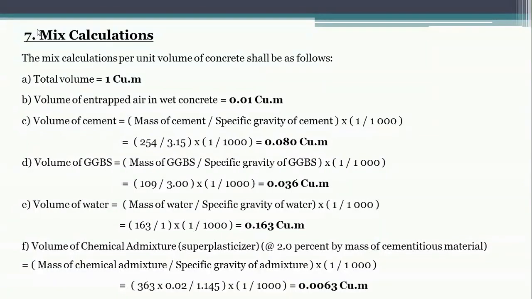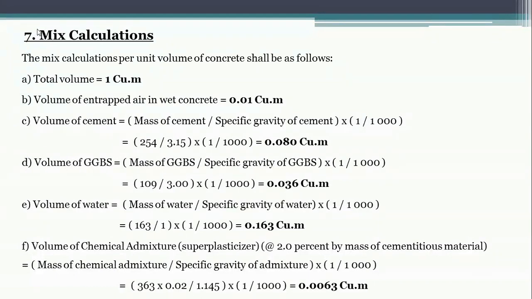Then volume of water, same formula: mass of water divided by specific gravity into 1 by 1000. Mass of water we calculated in the fourth step, that is after reducing the water content by 20%, since we are using chemical admixture, the value obtained is 163, divided by 1, the specific gravity of water, into 1 by 1000, you will get 0.163 cubic meter.